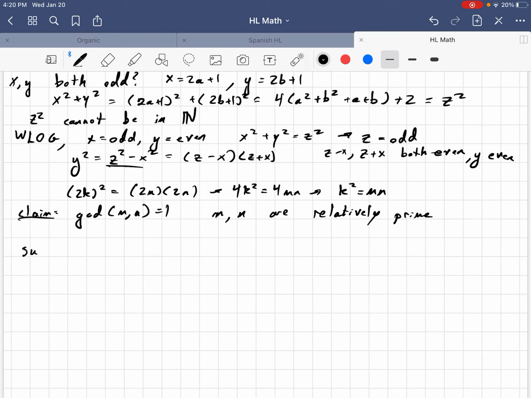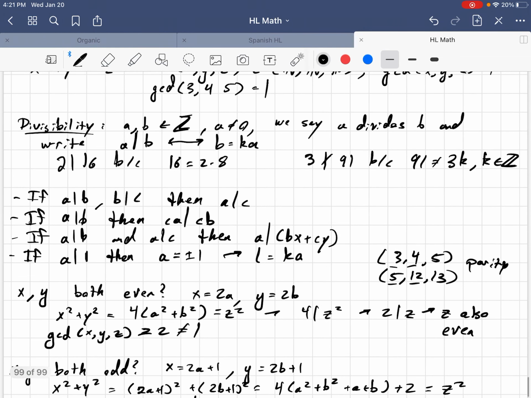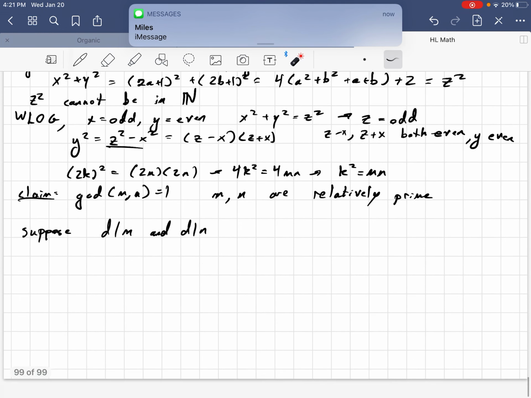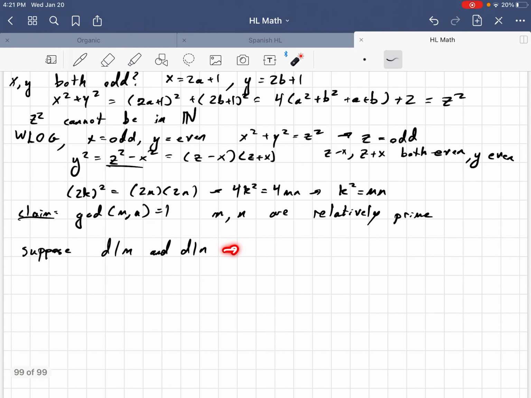So we're going to suppose that there's a divisor d that divides m and d divides n. So then if it divides m and it divides n, by this property right up here, it's going to divide any linear combination of m and n. So that means that d will also divide m plus n.